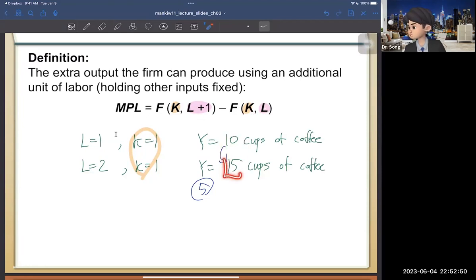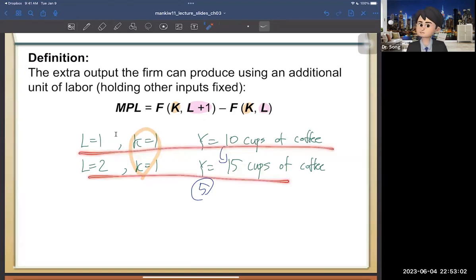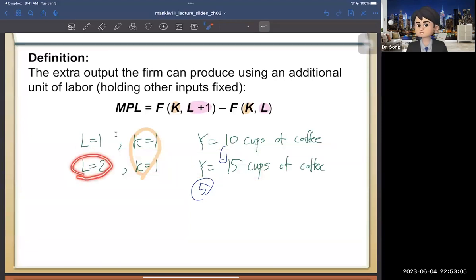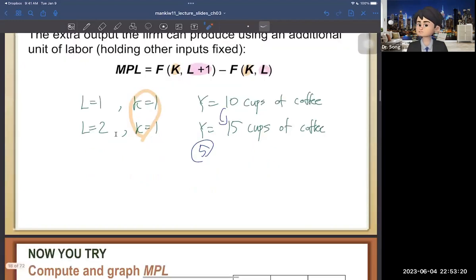So 15 minus 10 is 5, right? So from there, you get to know that his contribution, that's the marginal product of labor, and that is the benefit of having an additional worker. One more time. So from here to there, you can see that when you hire one more person, you can make 5 cups of coffee more than before, right? So that is his contribution, and we call it the marginal product of labor, and that is the benefit of having an additional worker.